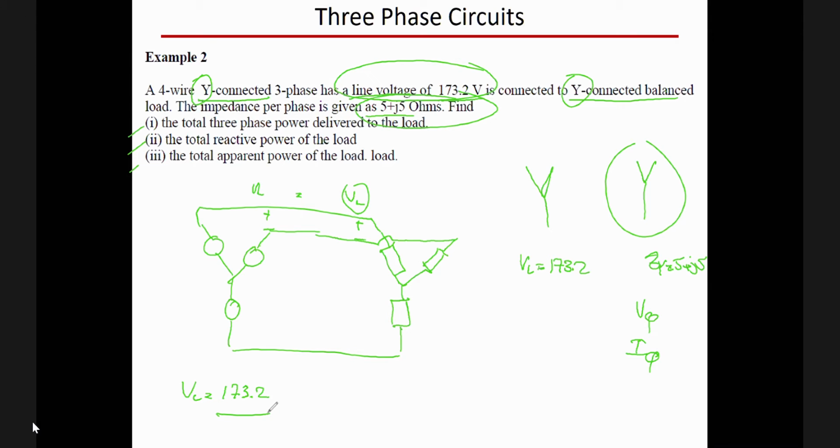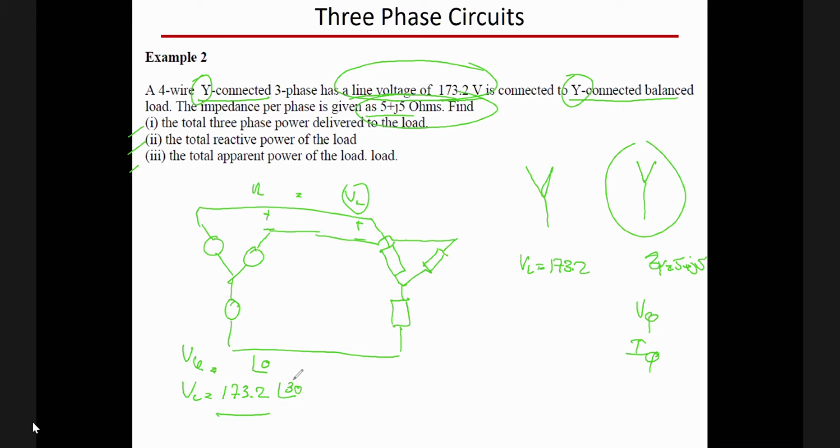What's the angle of 173.2? Plus 30. It's up to you, right? Either you assume that the phase voltage here, the angle for this phase voltage is 0. If you do this, this angle will be 30. Or someone else might say that I will put the 173.2 as 0, and the phase angle will be minus 30.